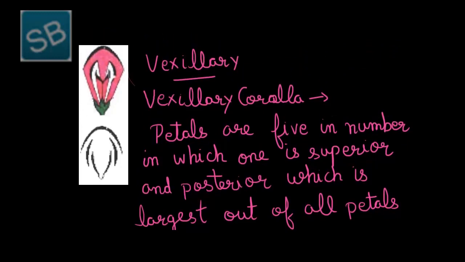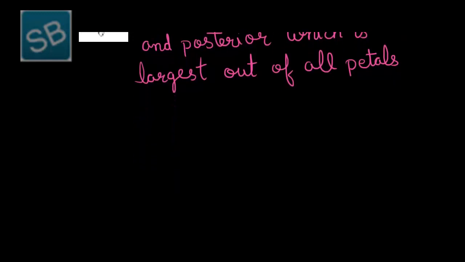As it can be seen from the figure, out of the 5 petals, the largest, that is the outer one, is the standard, which overlaps the 2 lateral petals, which in turn overlap the 2 smaller anterior petals. Such a type of aestivation generally occurs in pea and bean.